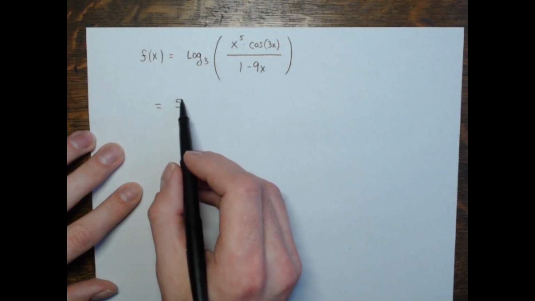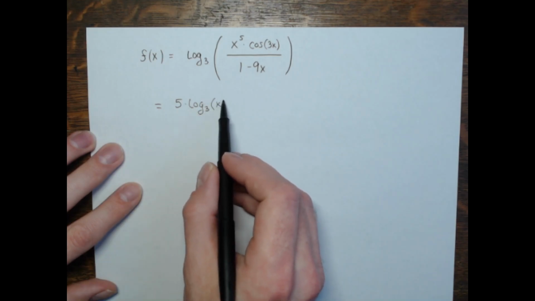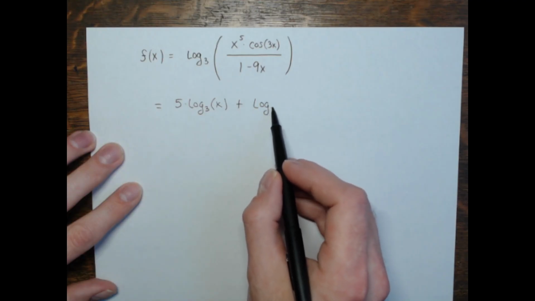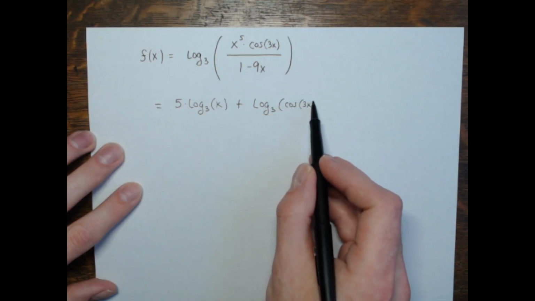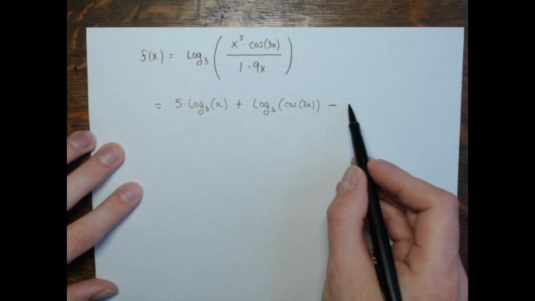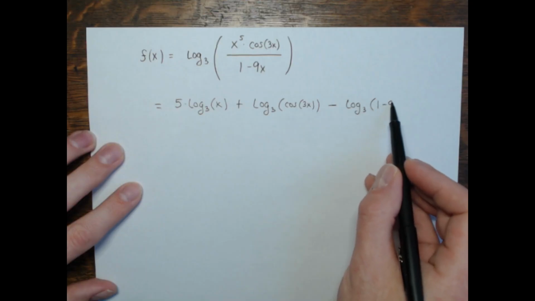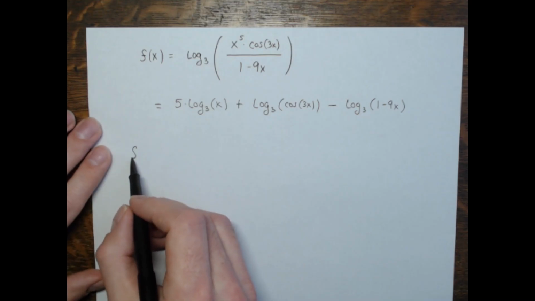This would be rewritten as 5 times the log base 3 of x plus the log base 3 of the cosine of 3x, and then minus the log base 3 of 1 minus 9x. And then I'll go term by term. All right, so f prime.